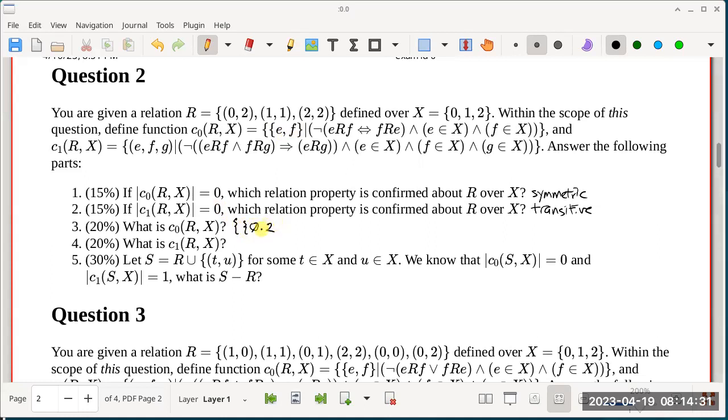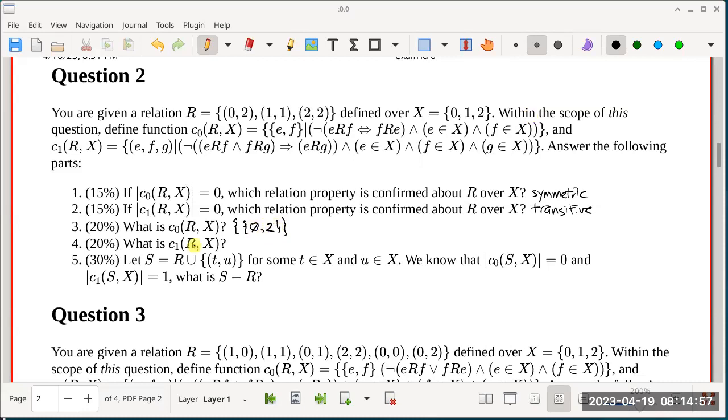The reason why this has to be a set instead of a tuple is because if I make this a tuple, then you end up with 2 elements, because 0, 2 as a 2 tuple is part of the answer that meets this requirement. And then the other 2 tuple that meets the requirement of this answer is 2, 0. But if I make it a set, then there's only one single element here.